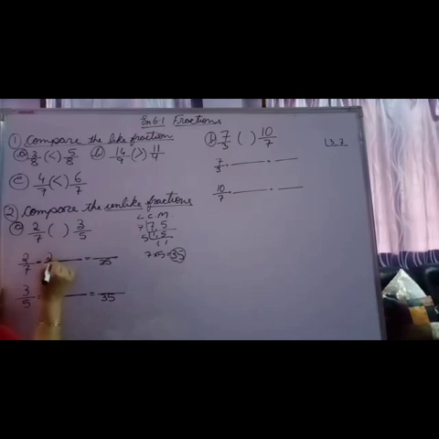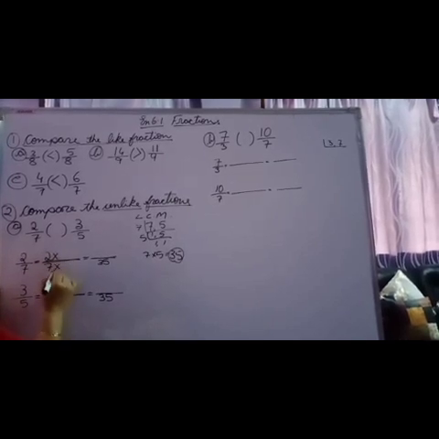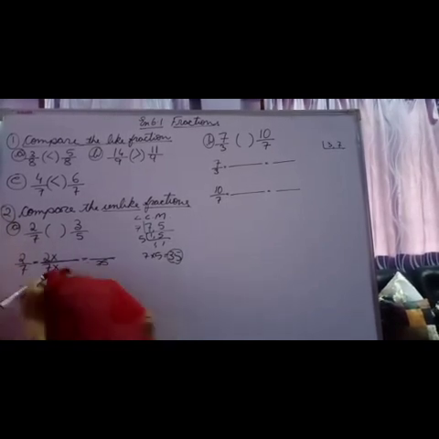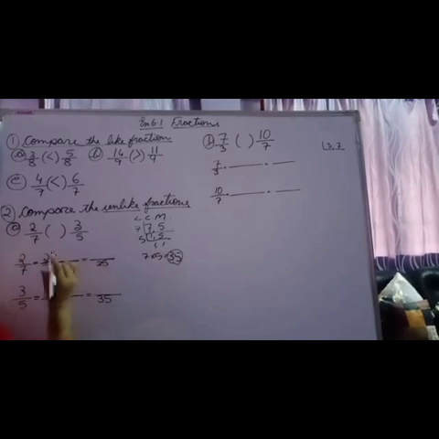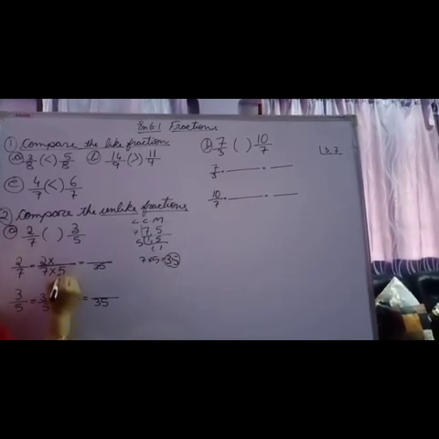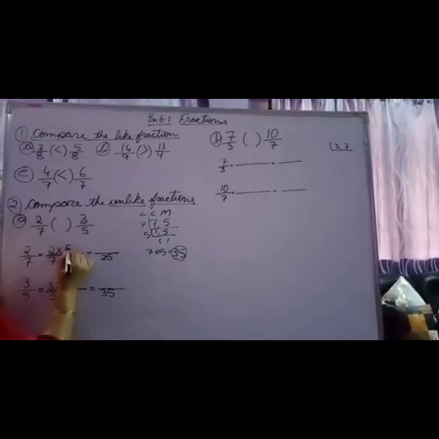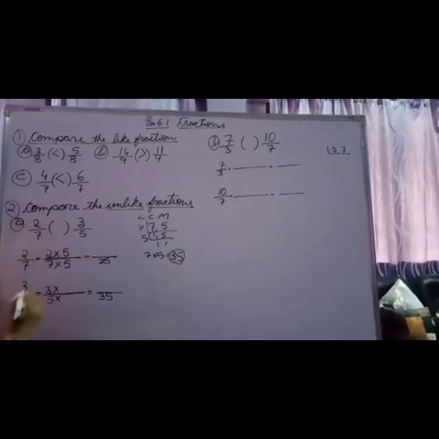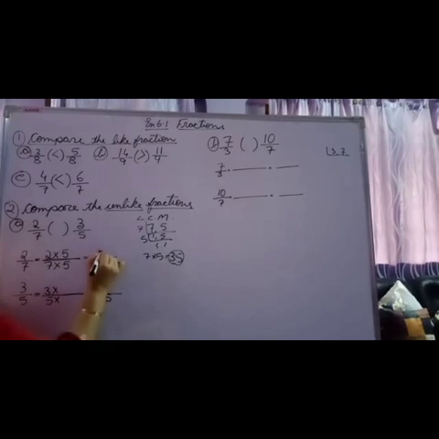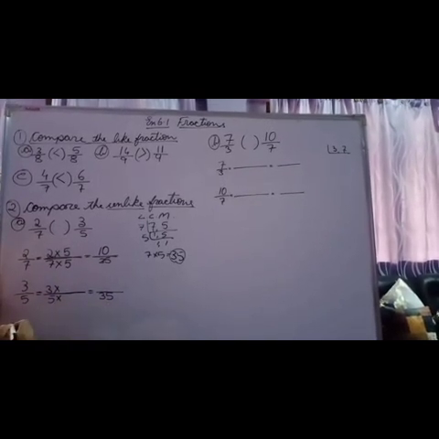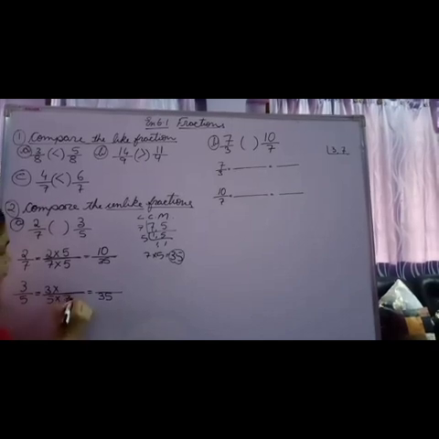Now write like this: 2 into, 7 into, 3 into, 5 into. Now children, 7 into what is equal to 35? 7 fives are 35. If here you are multiplying by 5, on the top also you will multiply by 5. Now 2 fives are 10. Again 5 into what is equal to 35? 5 sevens are 35.